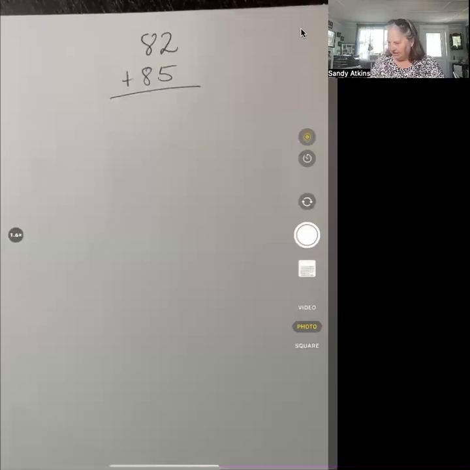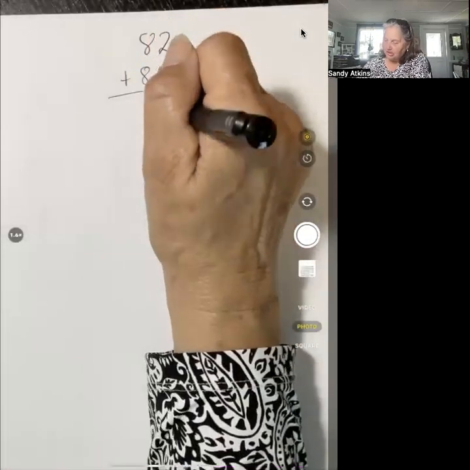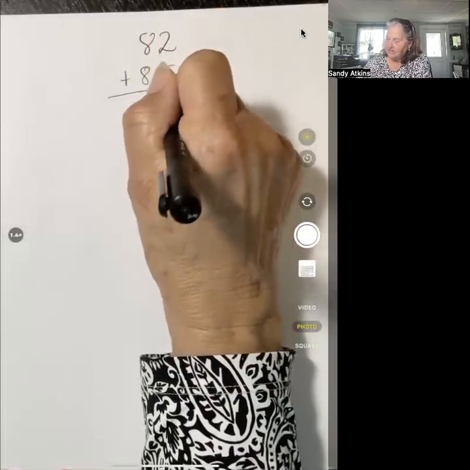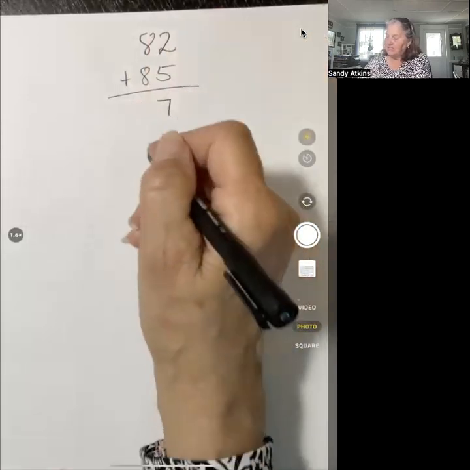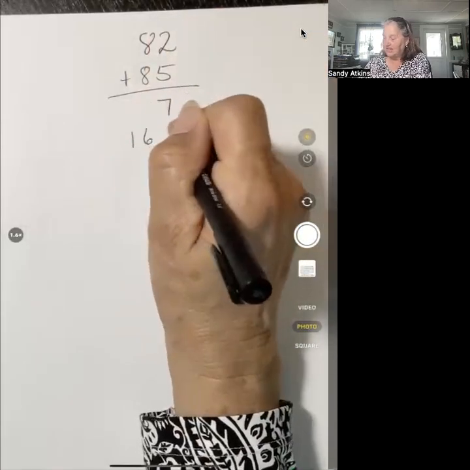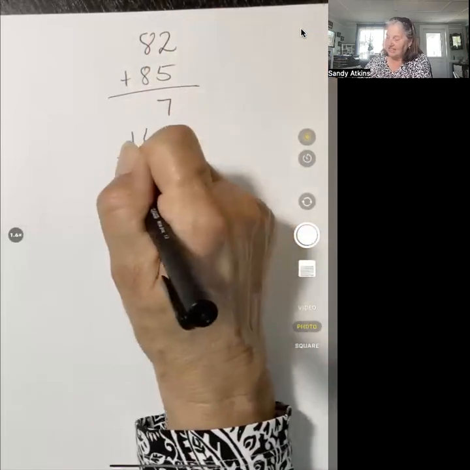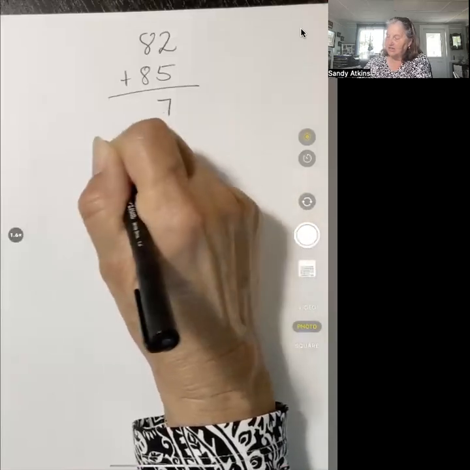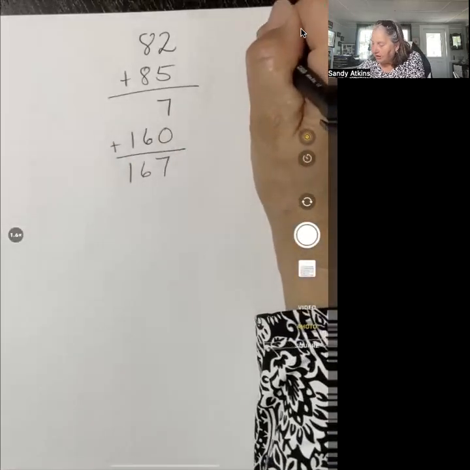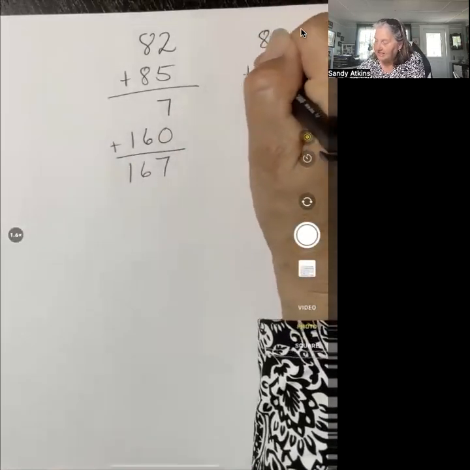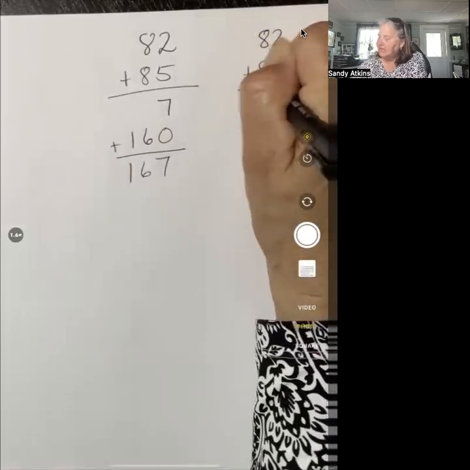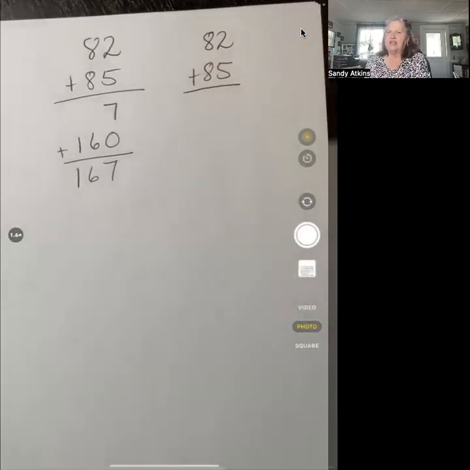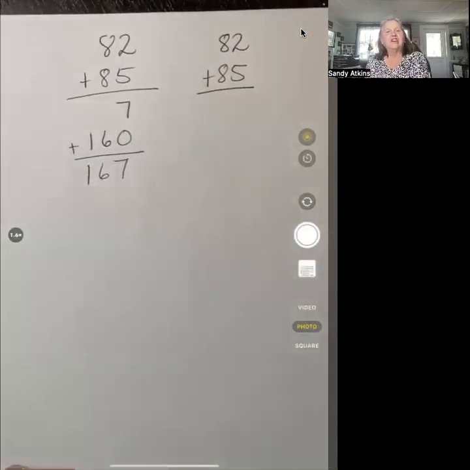Now, I could do this similarly to what I did before. I could do partial sums. Now, I can do the sevens. I'll start with the ones, and 16 tens or double 80 is 160, and this is your partial sums. The thing with partial sums that's nice is because I'm preserving place value as I'm doing it, I can start in the ones place or I can start in the tens place.